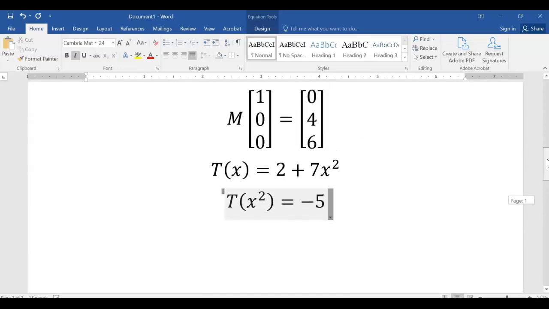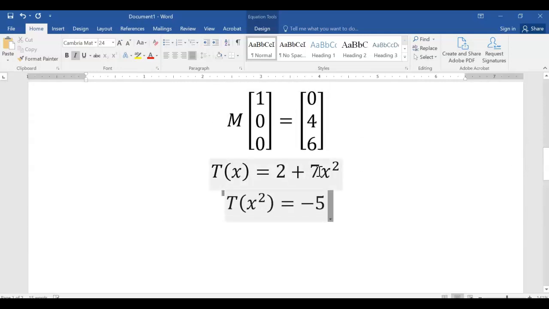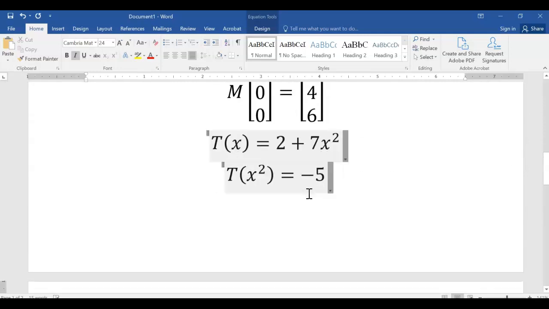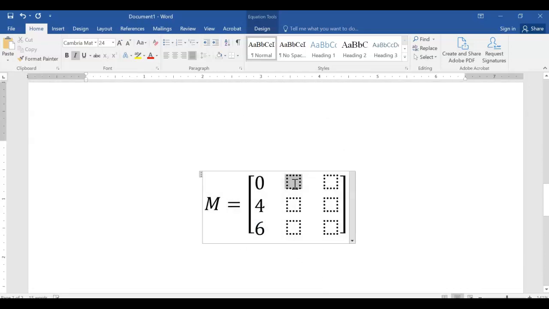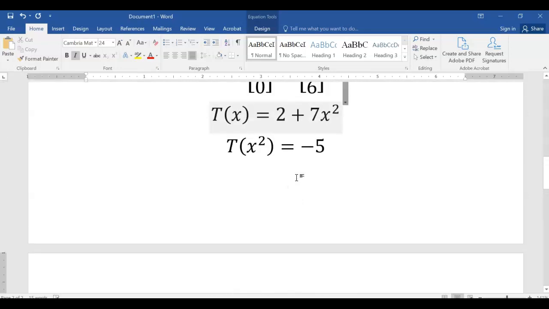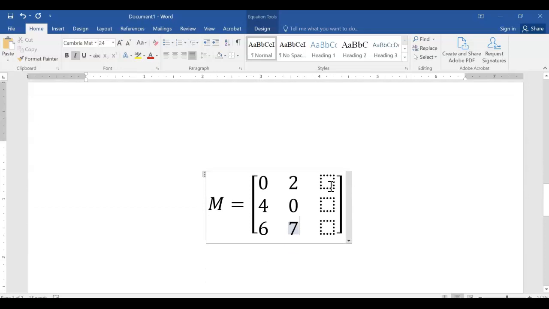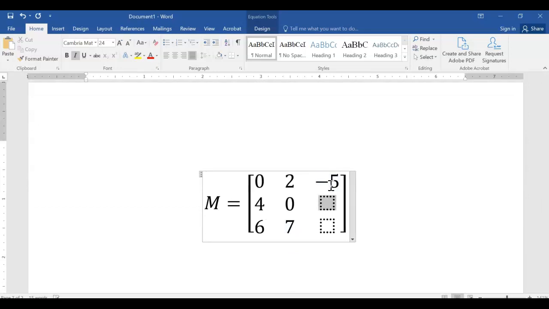My second column is going to be 2, 0, 7. And my third and final column will be negative 5, 0, 0. And there you go.